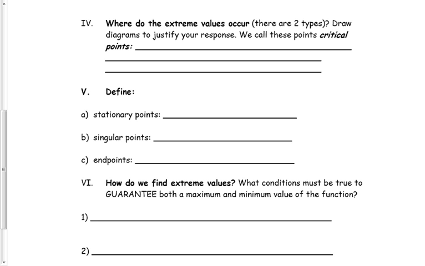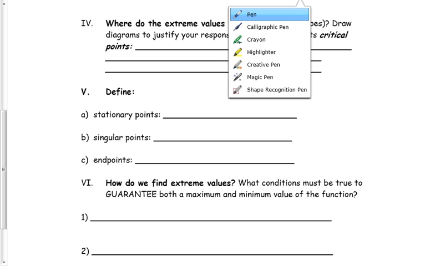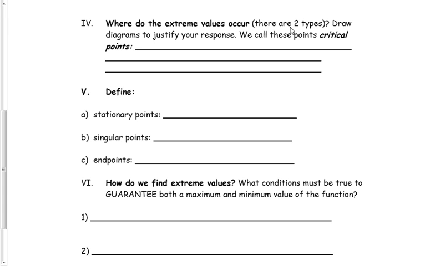So, where do extreme values occur? Extreme values occur on a function at endpoints or at local max or min points. Okay?